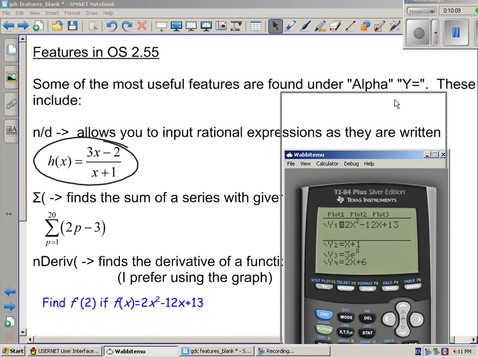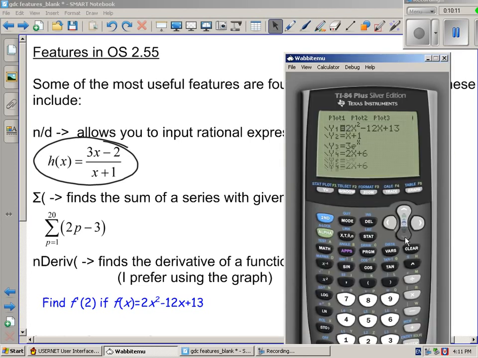I'm going to put in a new function, so I'll call this my y5. Alpha y equals gets me to this menu. Yes, I want numerator over denominator. And now it makes a nice fraction that we can work with. So I can put 3x minus 2 on the top and x plus 1 on the bottom.